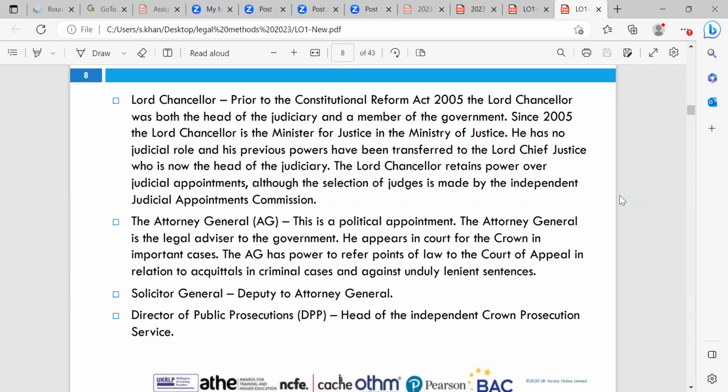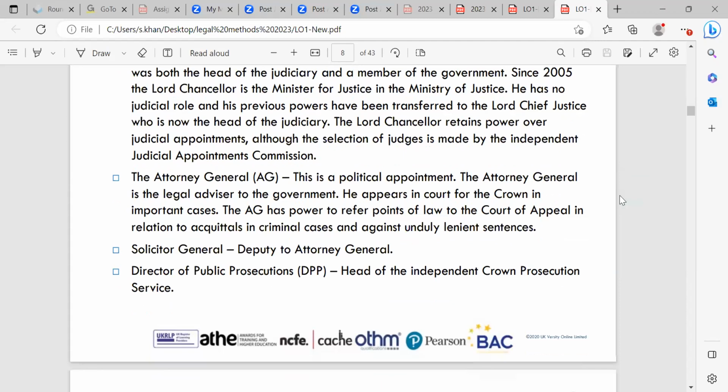So we have the Solicitor General, who's the deputy for the Attorney General. And then we have the Director of Public Prosecutions, DPP, who's the head of the independent Crown Prosecution Service. Now, the Crown Prosecution Service works for the Crown, so they prosecute people. And then you have solicitors who work for the plaintiff or the claimant.